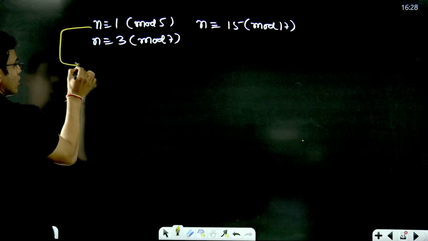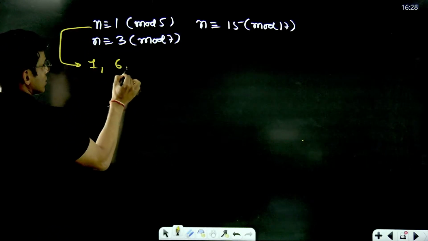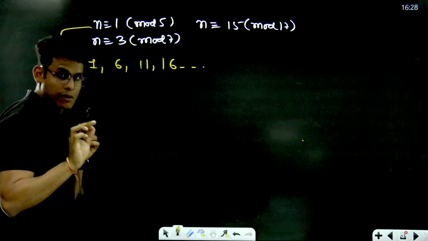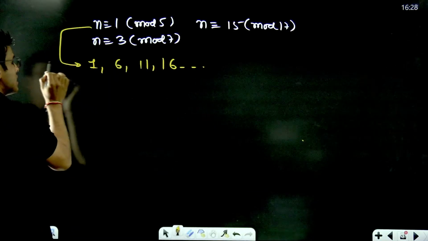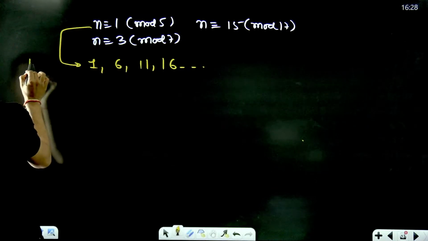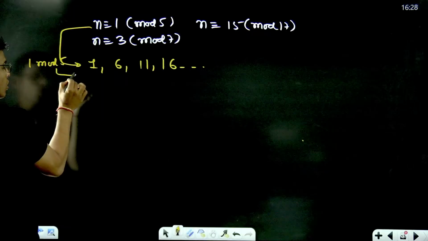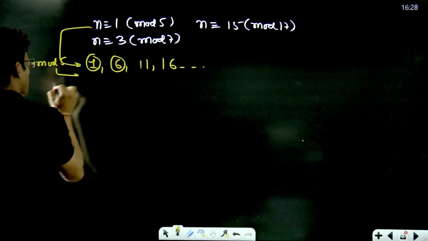If I write all these numbers, please see properly. This is 1 mod 5. But let me see what the remainders of these numbers are mod 7.